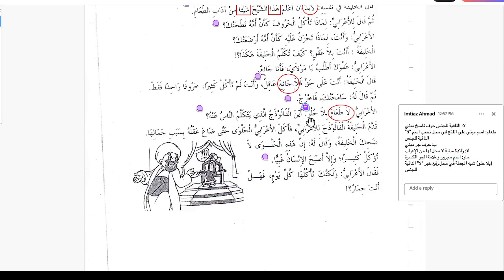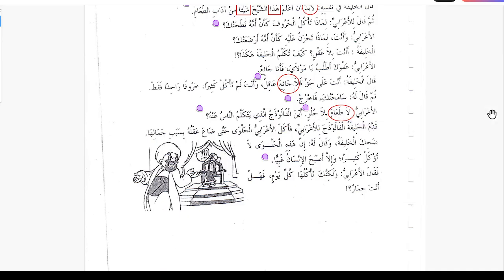And hulwin is majroor because of this ba, ism majroor alamatul jarri al kasra, and this bila hulwin is shibu jumla, jarun majrurun fi mahalli rafin khabar la nafiya lil jins. So la is negating this whole, that there is no sweet in the category of eating or food, like without sweet there is no food or no eating.